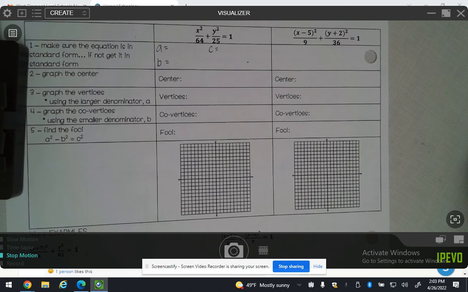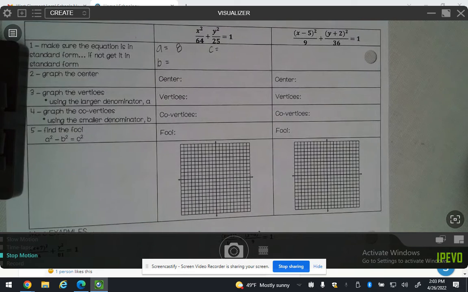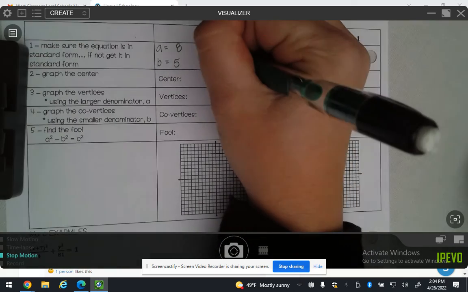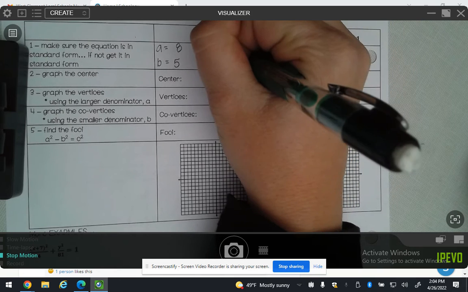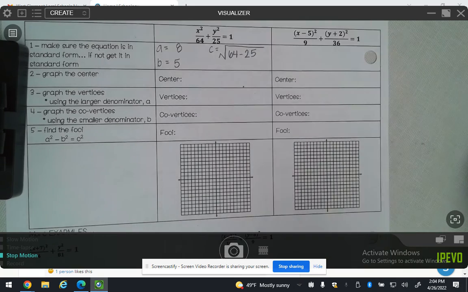Well, what does A squared equal? 64. What does A equal? A equals 8. Sometimes you need the squared, so don't get all crazy. What does B squared equal? 25. So B equals 5. To find C, you're going to take the square root of A squared minus B squared.